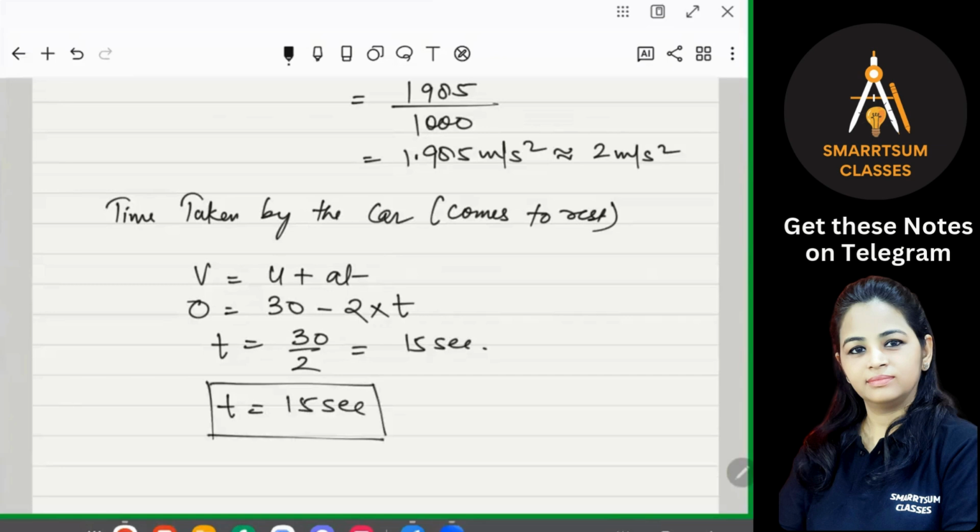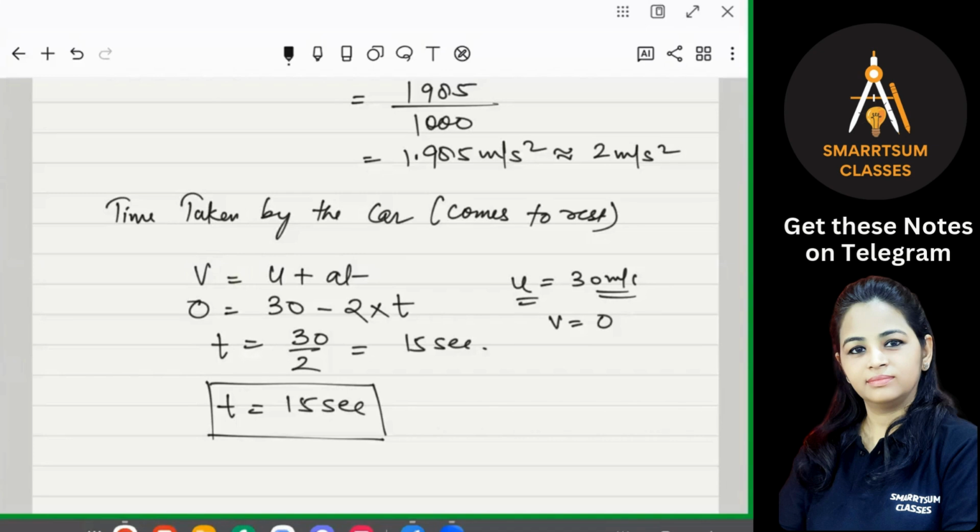So are you getting this? Means when the engine stops working, it has attained some velocity, right? That velocity is 30 meter per second, right? Now this v of 30 meter per second becomes your u, your initial velocity. And what will be your final velocity? Final velocity will be 0 because it is coming to rest. So initial velocity 30 meter per second, v will be 0.